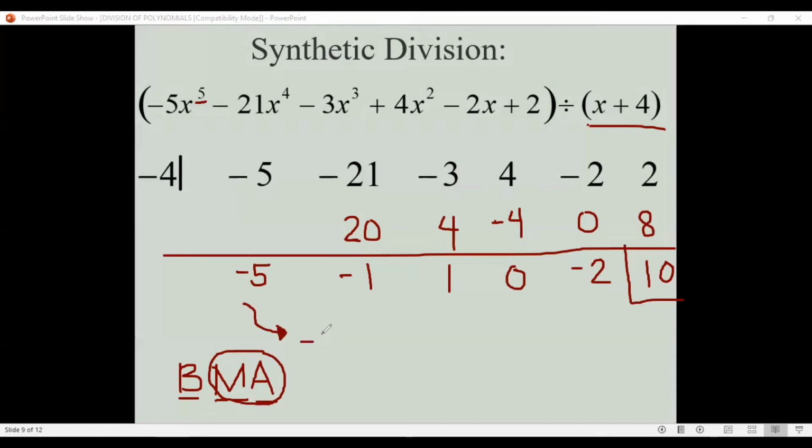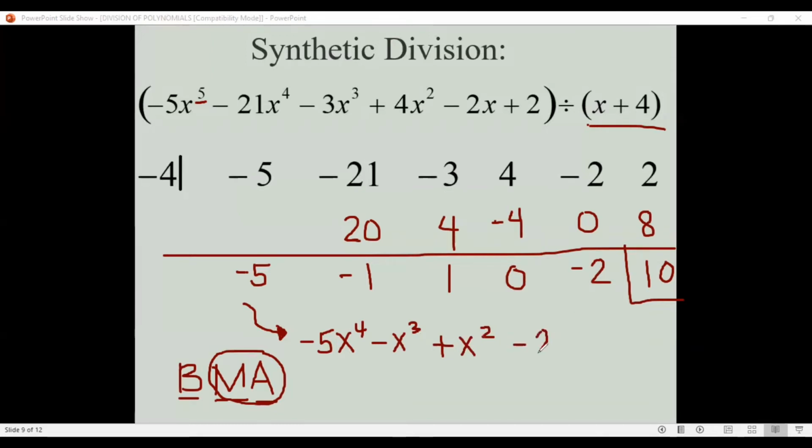So again, you will now have negative 5 x raised to the fourth power, and then there you have negative x raised to the third power, and then this pertains to positive x squared. And of course, we don't have x because that is equal now to 0. So we have the negative 2 as a constant.